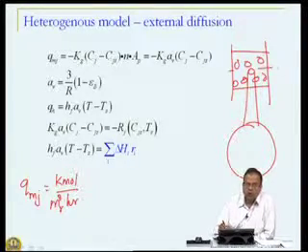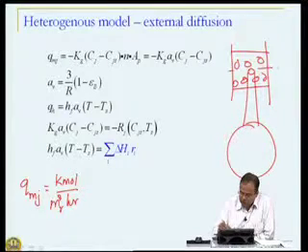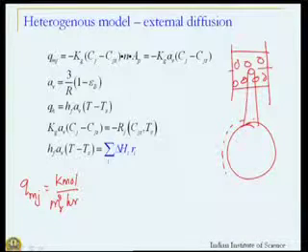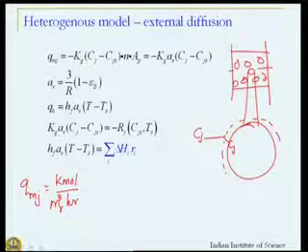If you recall our discussion on external mass transfer limitations, we said that there is a thin film which surrounds the particle. If Cj is my bulk concentration, up to this point it is the same as Cj, but then concentration decreases and the concentration on the surface is Cjs, and the reaction rate must be equal to the mass transfer rate.